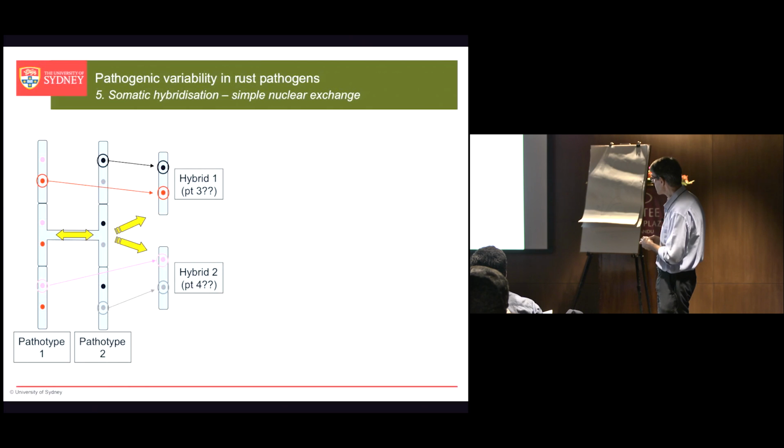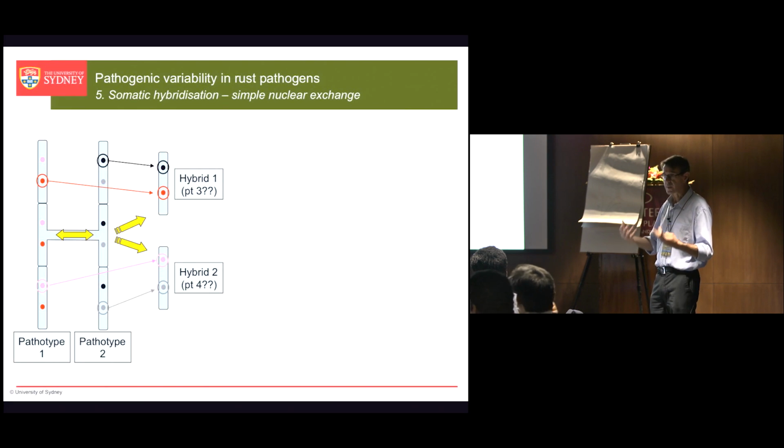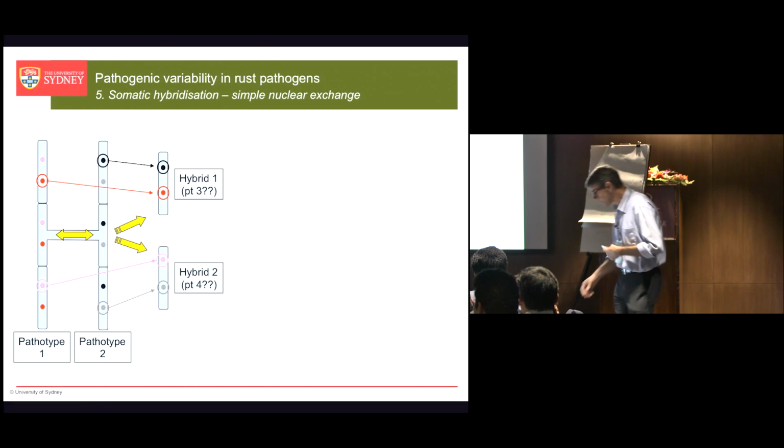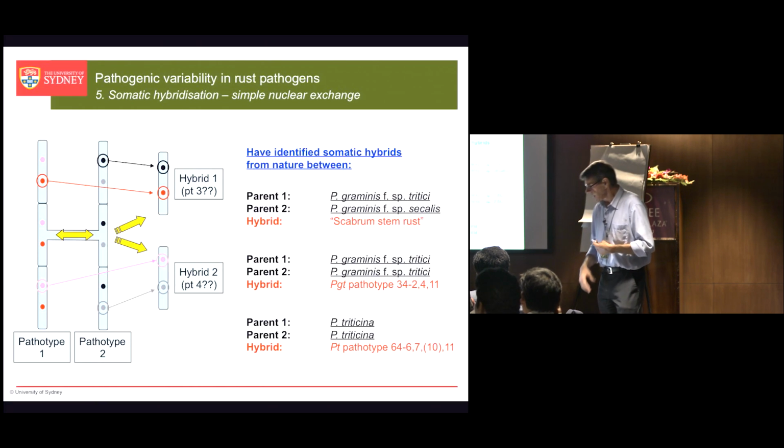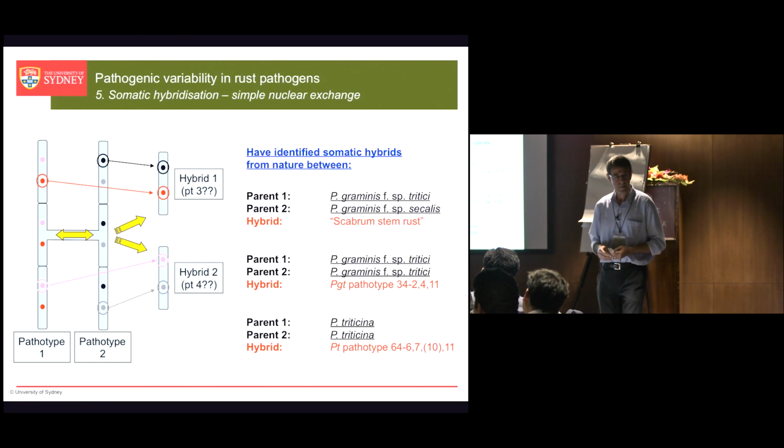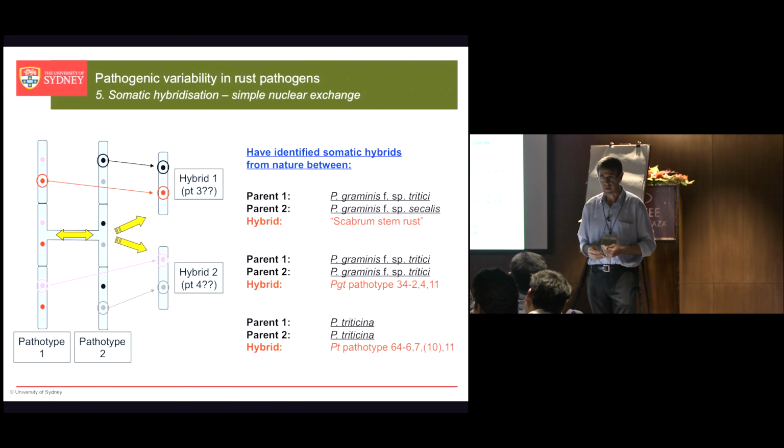So these are 2 hybrid isolates that are potentially different pathotypes that have been generated through what we call asexual or somatic hybridisation. It's a very, very rare process, but we do know from our studies in Australia that it does occur. All right, so we have at least 3 examples of this process from our long-term studies in Australia.